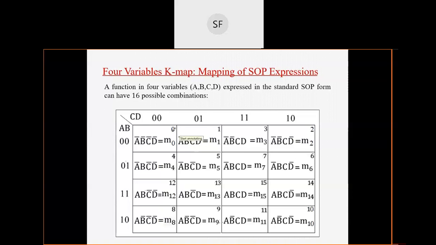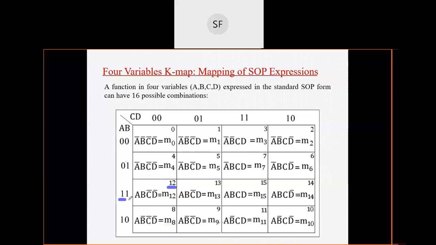If you do not understand how to denote the cells, observe here. These two rows are exactly similar to your 3 variable K-map: 0 1 3 2, then 4 5 7 6. But now here, this cell is 12. How does the value of this cell become 12?